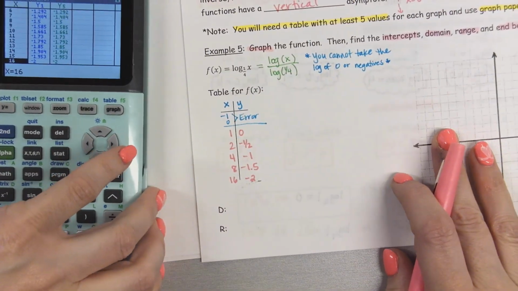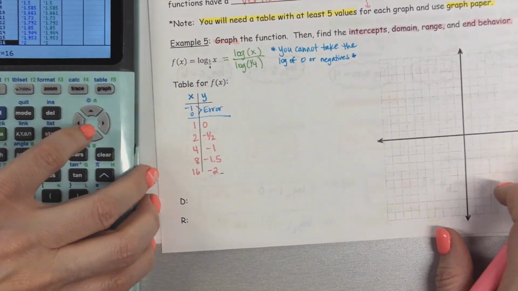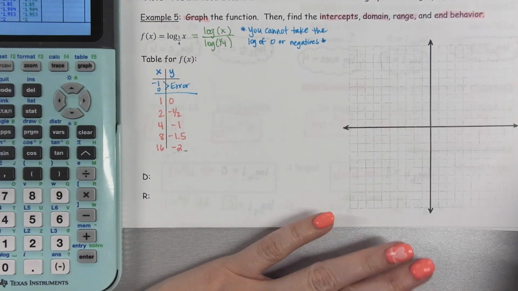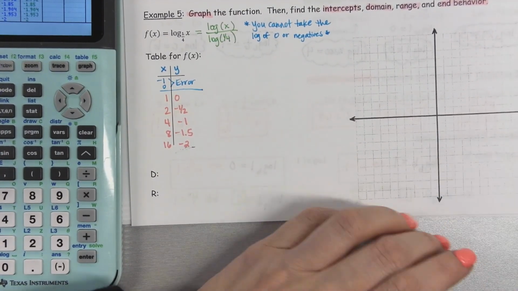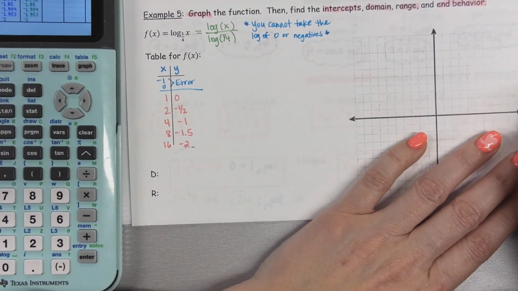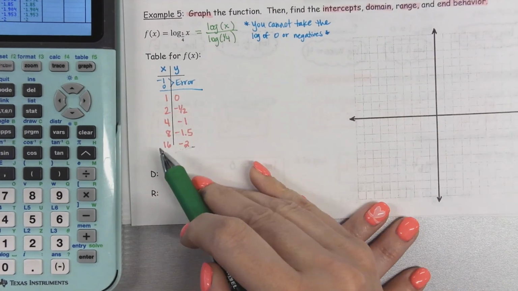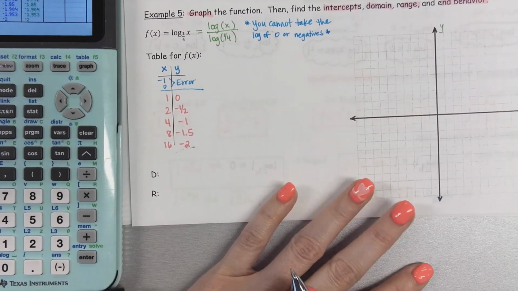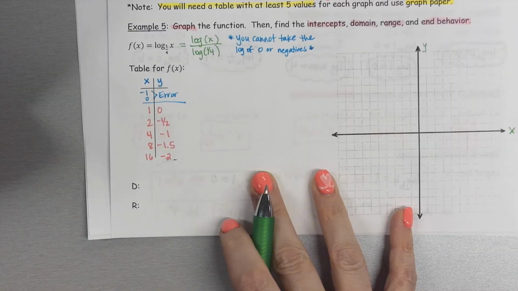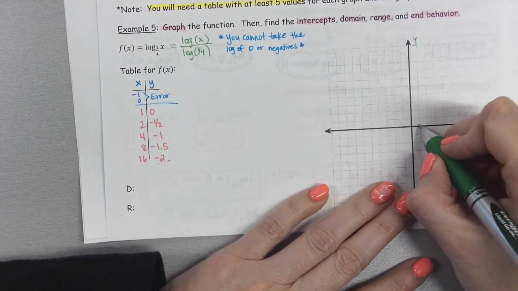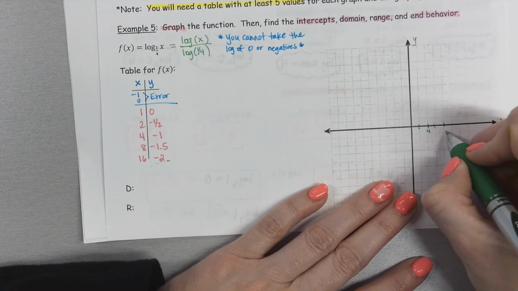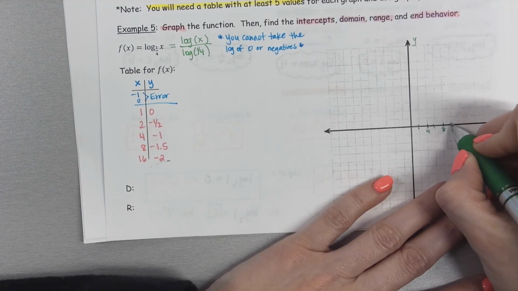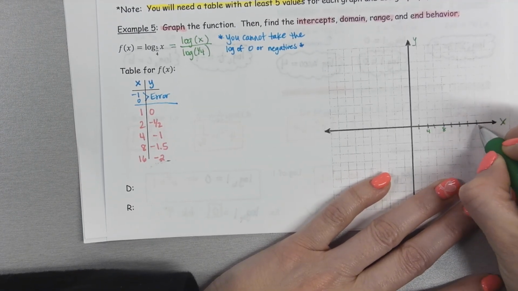Okay? All right, so when we're setting up our graph, let's look at our x values. I have to go up to 16 here, so it might be a good idea to make my x values go by 2. So 2, 4, 6, 8, 10, 12, 14, 16.